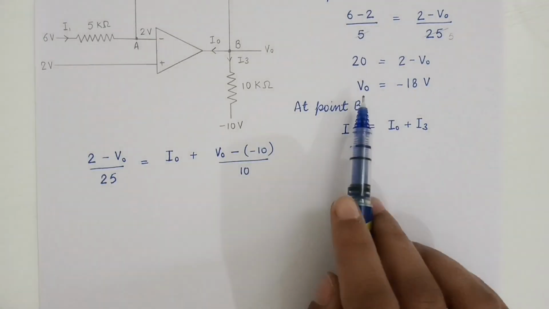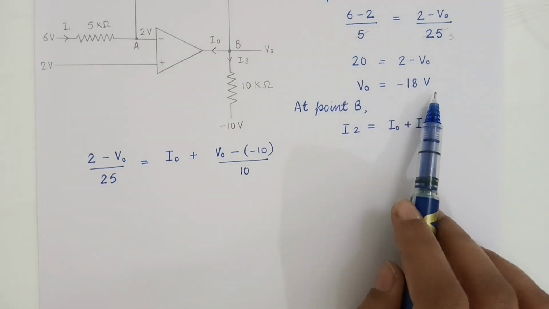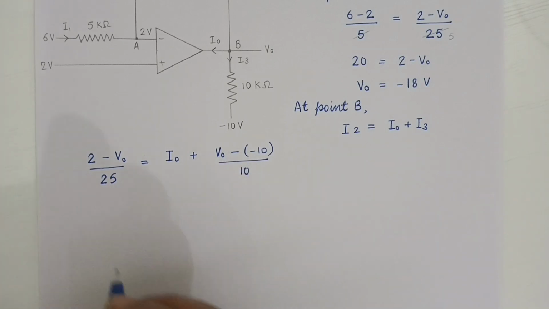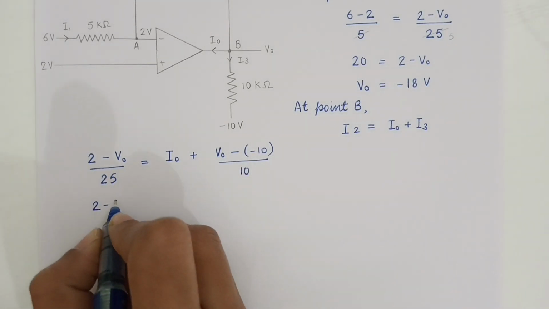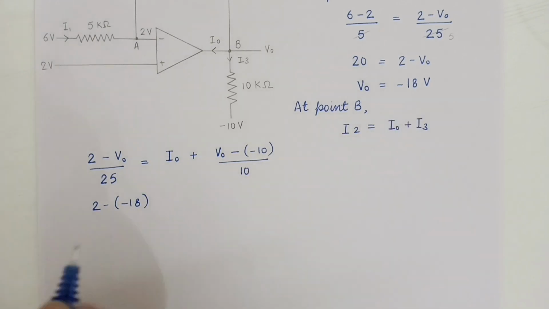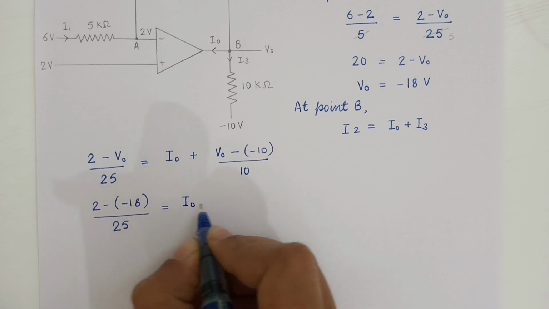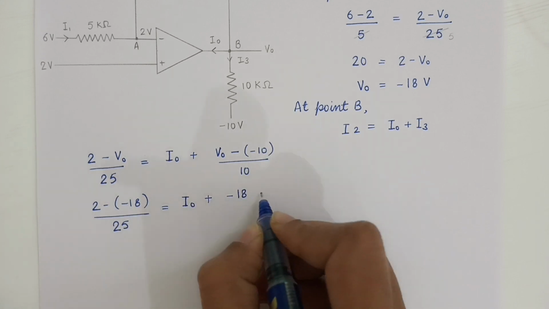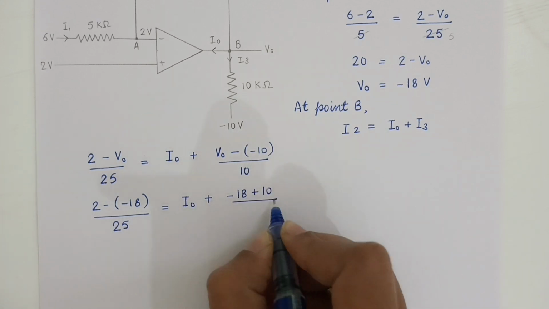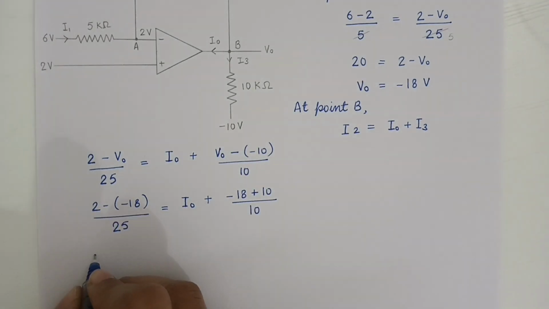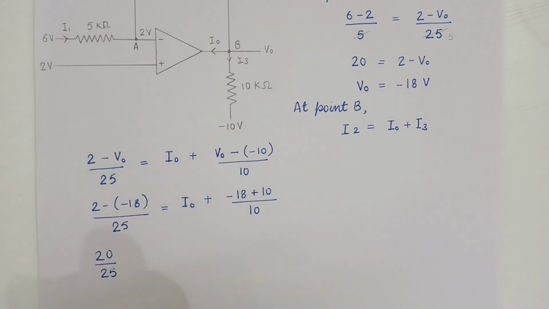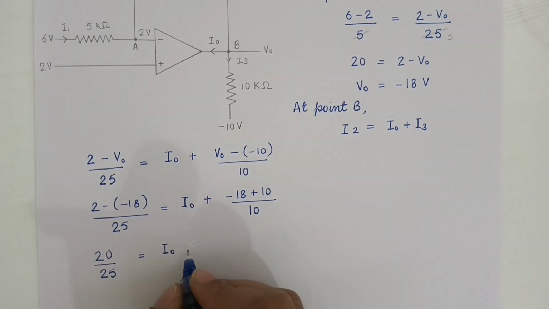Here we can directly use the value of V0, that is minus 18 volt. So it will become 2 minus 18 divided by 25 is equals to I0 plus minus 18 plus 10 divided by 10. So you can write 2 plus 18, 20 divided by 25 is equals to I0 minus 8 by 10.